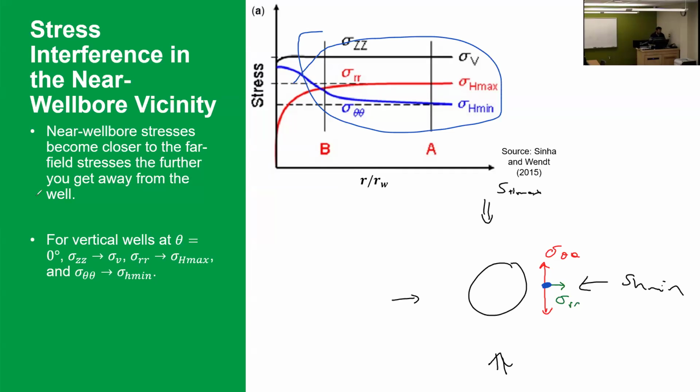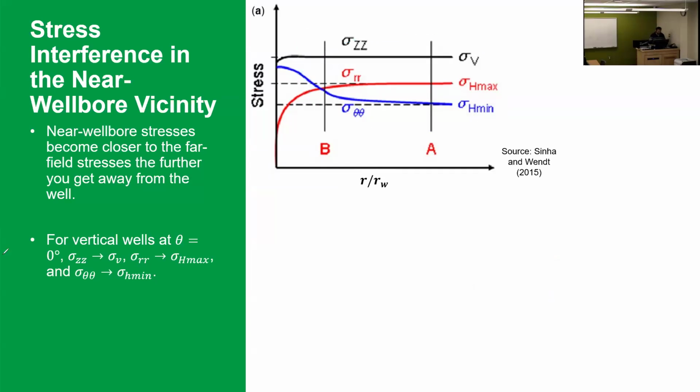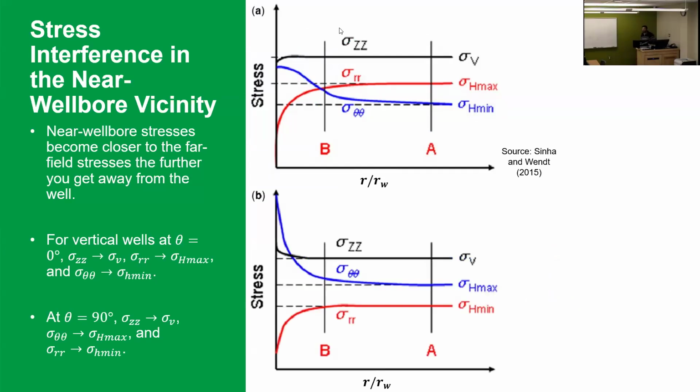So let's see. That's how it looks. We're on the other side of the well. So this is what I'm showing you to make you understand that as you go far away from the wellbore, the near wellbore stresses become equal to the far field stresses.